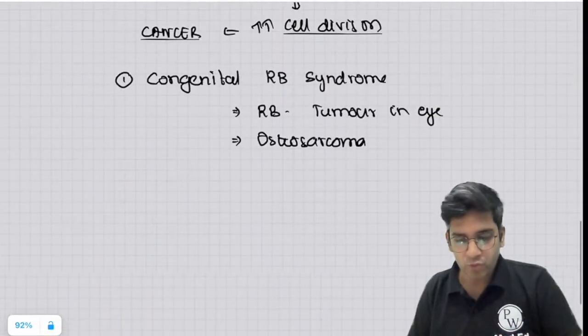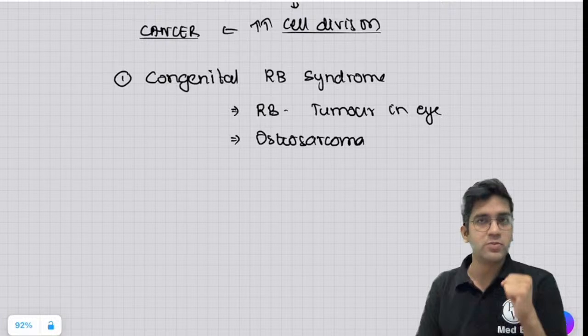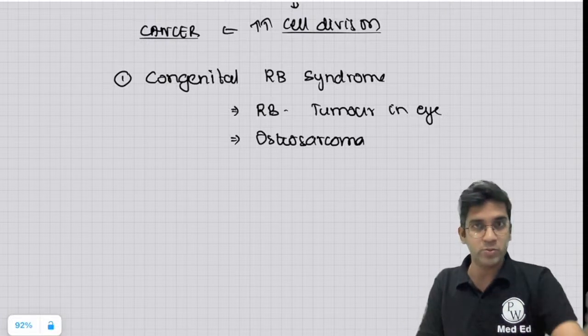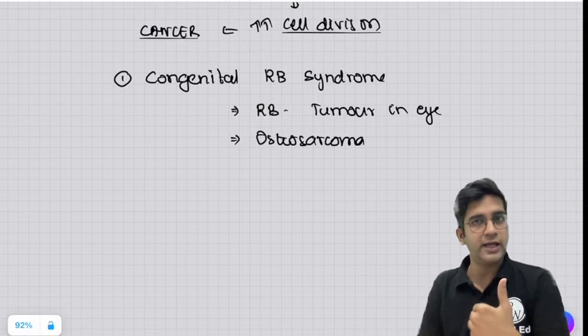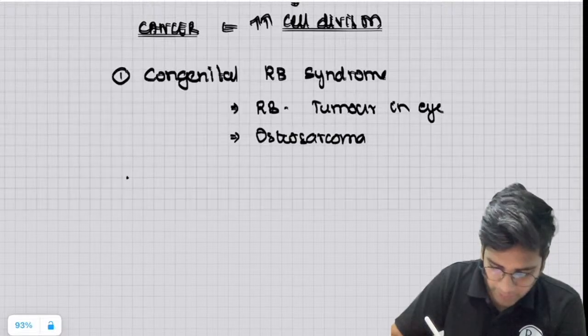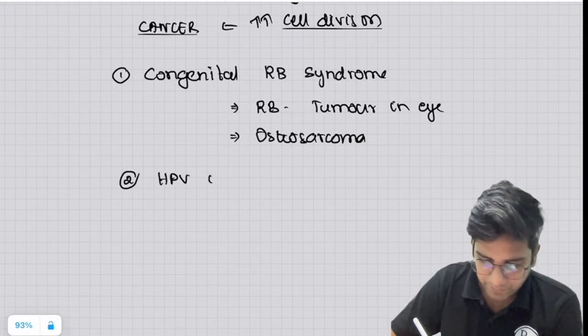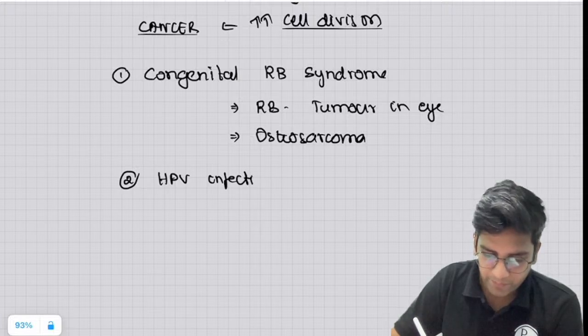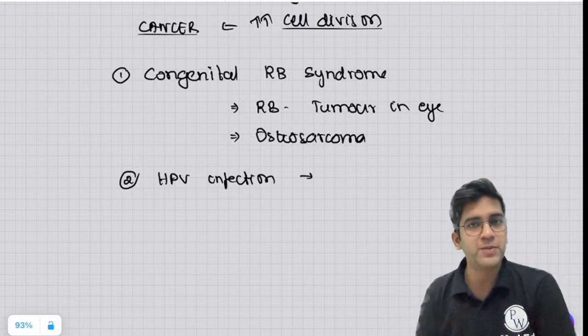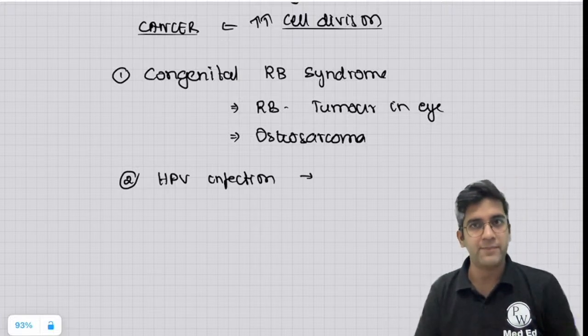Okay, there are two ways by which retinoblastoma can get mutated. One is the congenital form: tumor in the eye, and also osteosarcoma. The second place where I can have an RB gene mutation is HPV infection. What does HPV stand for? Human papilloma virus, right?